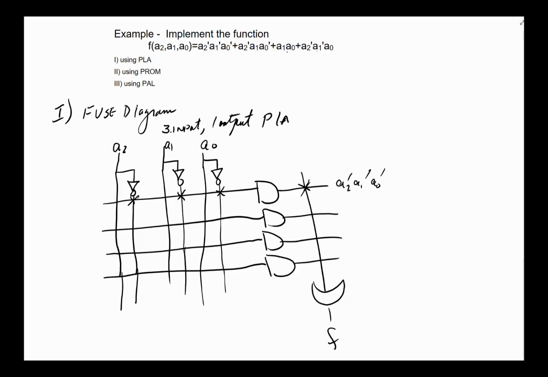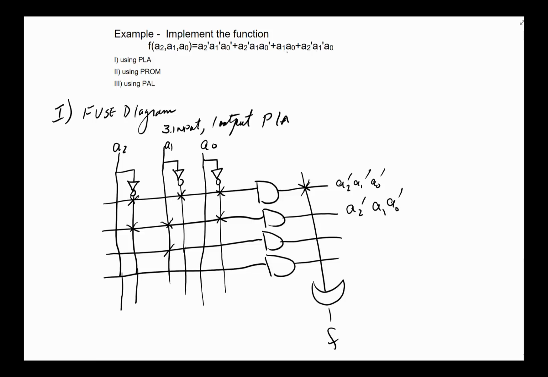Then the second term is going to be A2 naught, A1, and A0 naught. So that gives me the term A2 naught, A1, A0 naught. Look at the next term: it doesn't have A2, so I don't do anything with A2.